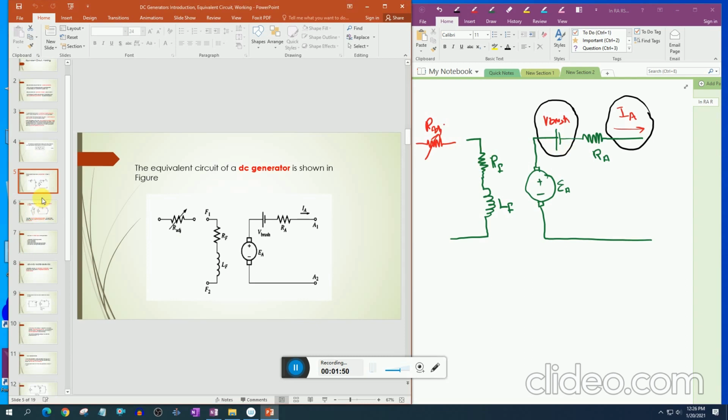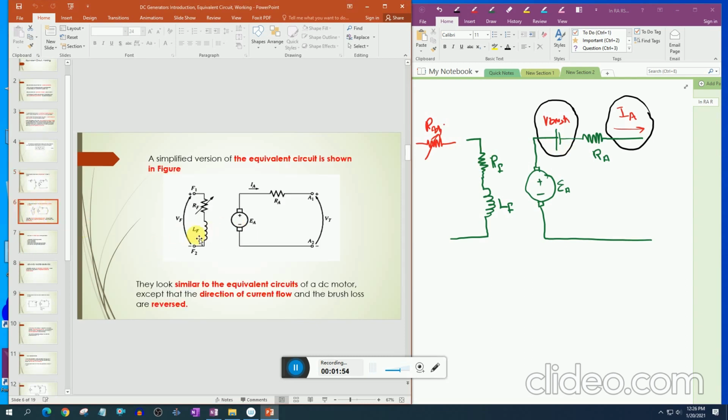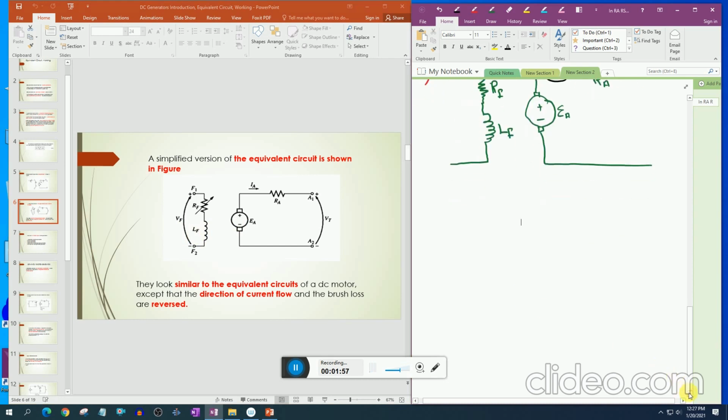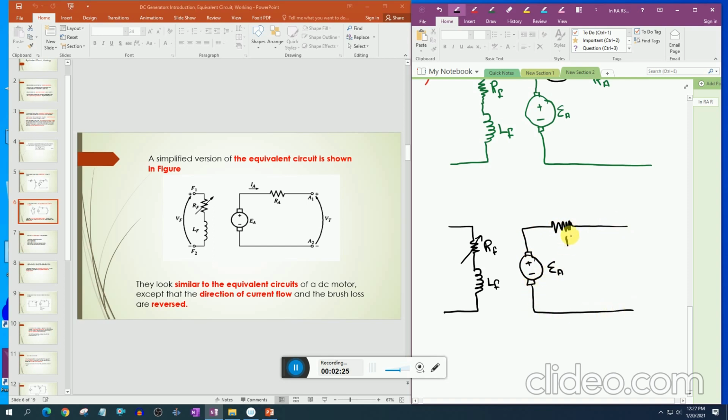So the simplified equivalent circuit of a DC generator looks like this, with RF and inductance.